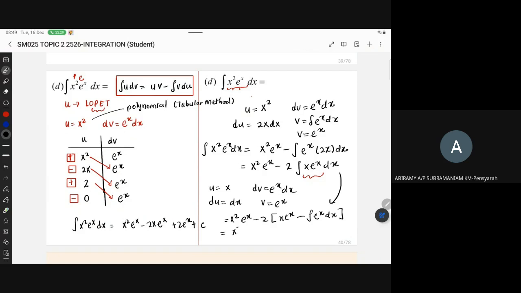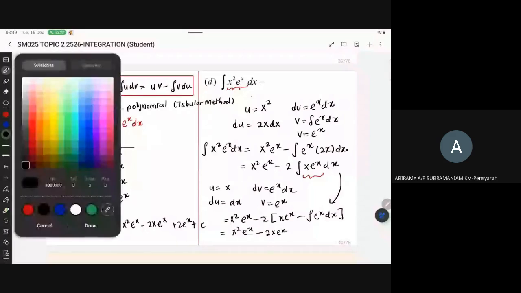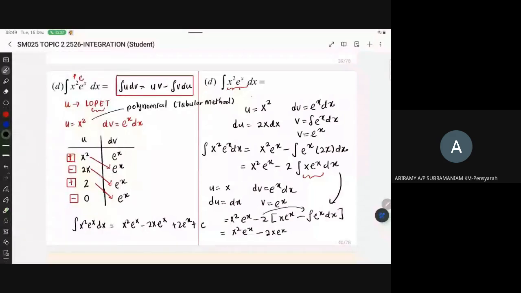Final answer: x squared e^x minus 2x e^x. We multiply the 2 inside, so negative 2 minus integral of negative e^x gives us positive 2. The integral of e^x is e^x plus c. Notice that we get the same answer when we use by parts.